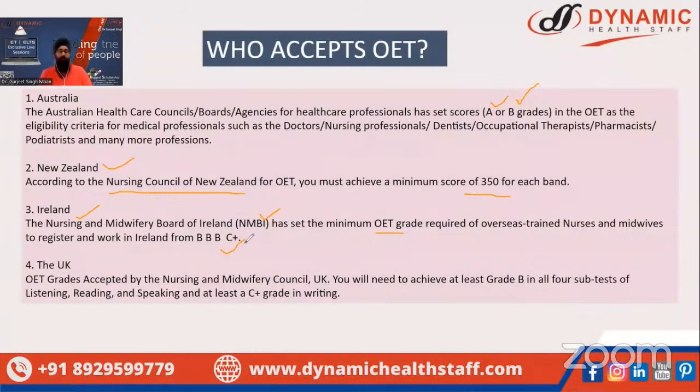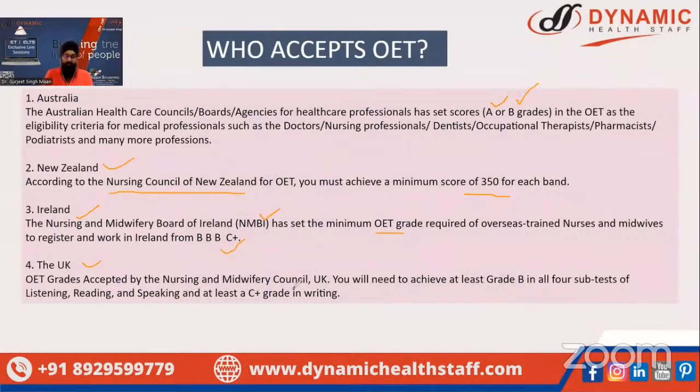For example, you can get C plus in any of the modules. If you are getting C plus in listening, that's okay, but at the same time, you must get B in reading, speaking, and writing. The same goes if you are getting C plus in reading, or in speaking or writing, respectively. One C plus and three B's are required at minimum.